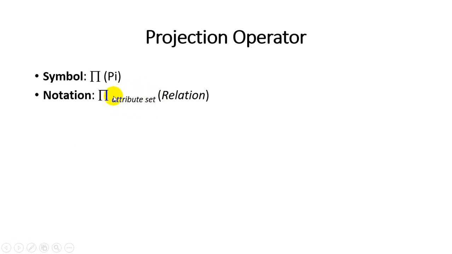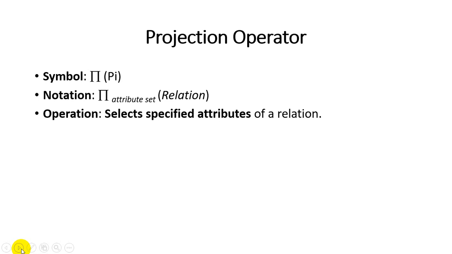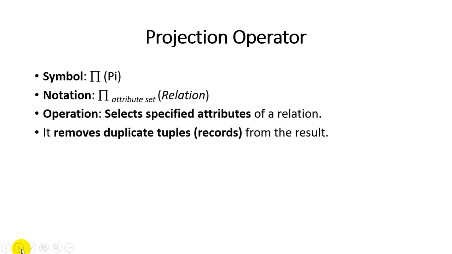We retrieve only particular attributes with the help of the pi, or projection, operator. Projection means selecting specific attributes of a relation. Whenever we need to display some particular columns among the set of columns, at that time we use the projection operator. It removes duplicate tuples, we can say records, from the results.